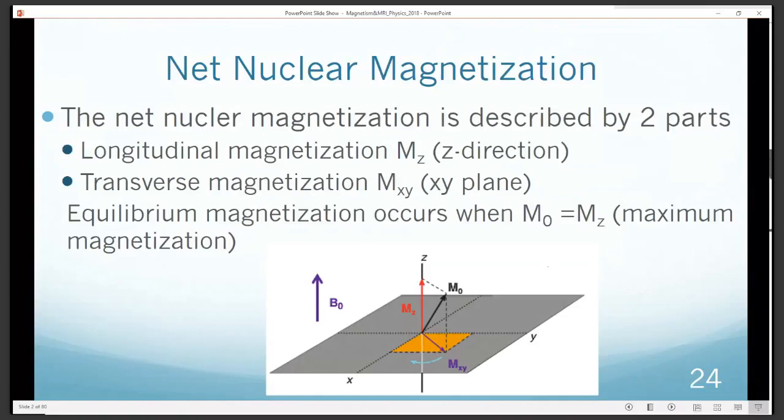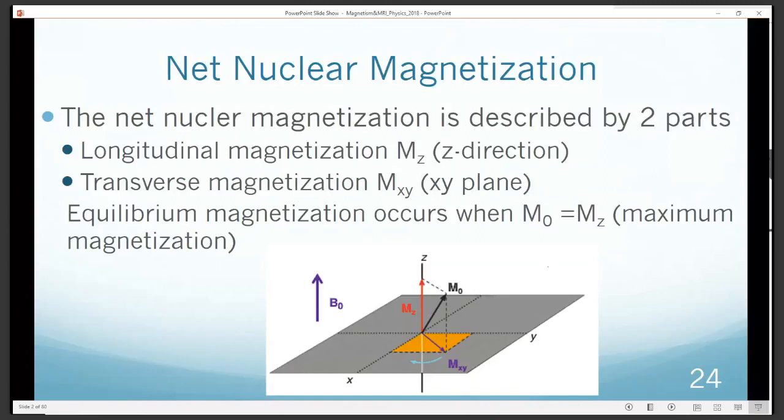So I've already demonstrated, but I haven't really explained, the net nuclear magnetization is the sum of all the magnetic dipole moments of all the nuclei, and it's described in two parts. The longitudinal magnetization is what is established by imposing the large B0 magnetic field.